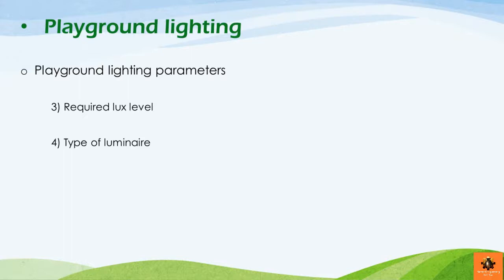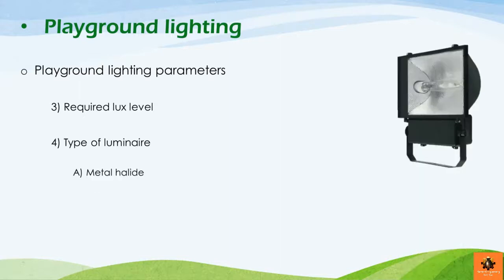This is because we use some specific types of luminaires in the playground lighting, and the first type of those luminaires is the metal halide luminaire. The metal halide gives a clear illumination as it has a higher color rendering index, as we know before, and we need this clear illumination or higher color rendering index in the playground lighting because the vision of the playground must be clear, as the players should have a clear vision while they are playing.